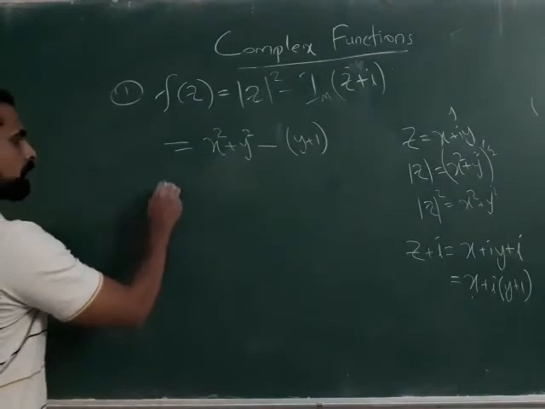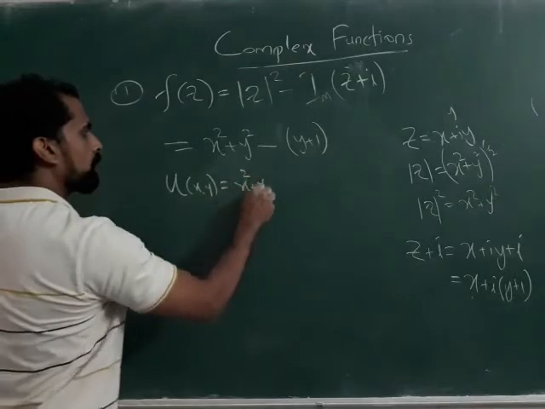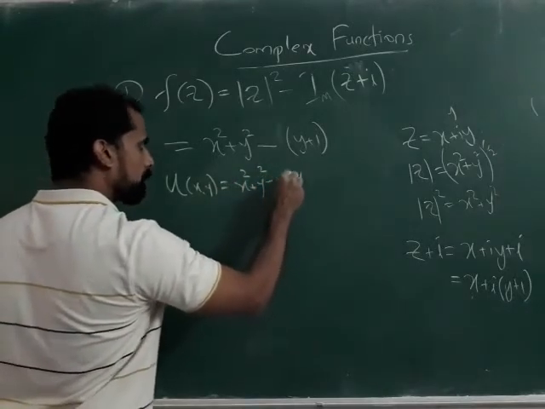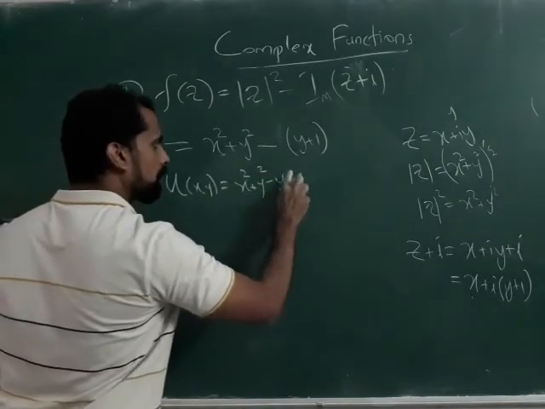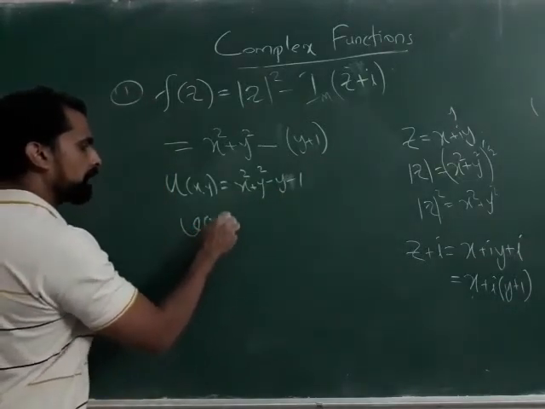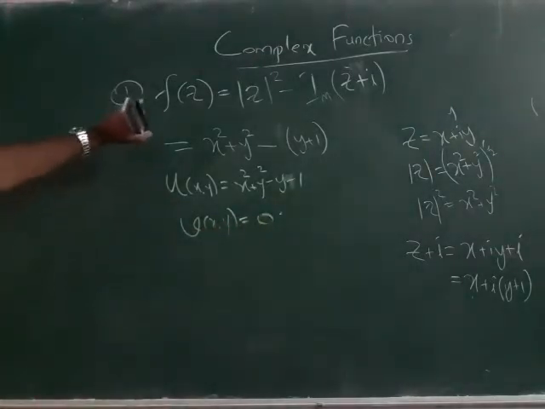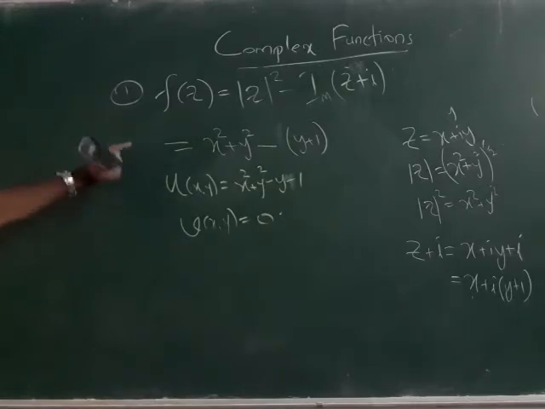Now what about u? u of xy is equal to x square plus y square minus y minus 1, and v of xy is equal to 0. So your function f of z is equal to x square plus y square minus y minus 1. It is only the real part. The real variable remains, the imaginary variable vanished. Okay.